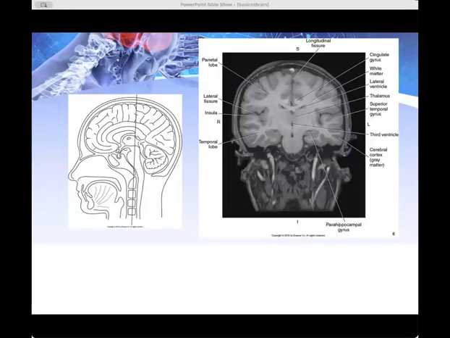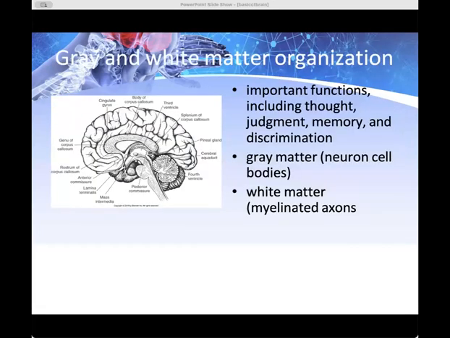This next image is a coronal T1 weighted MRI of the cerebral cortex and corpus callosum, and an axial T2 weighted MRI of gray and white matter organization, mid-sagittal view of the corpus callosum.